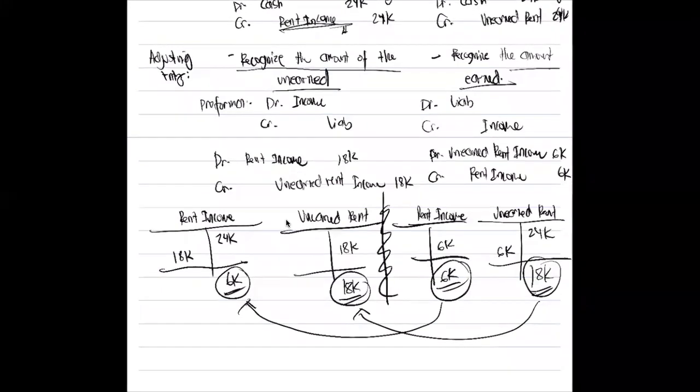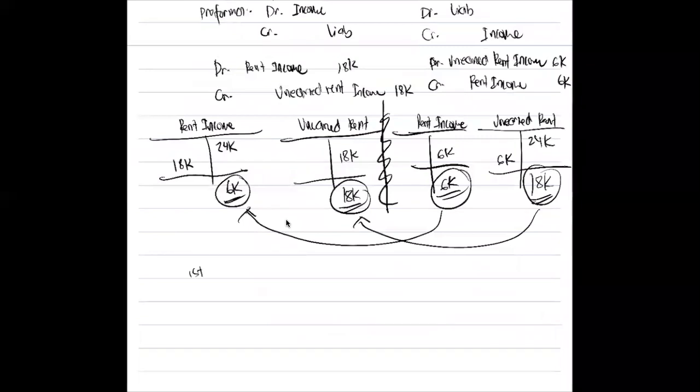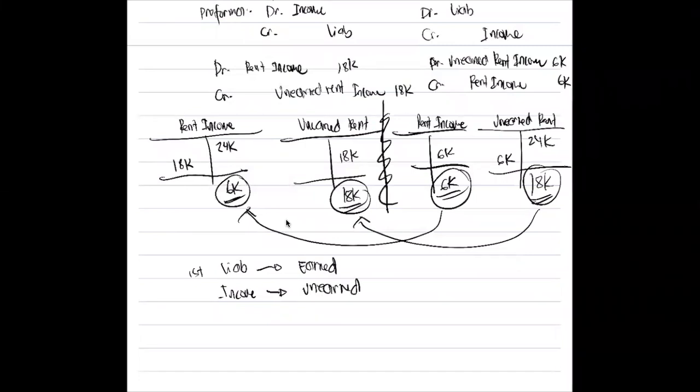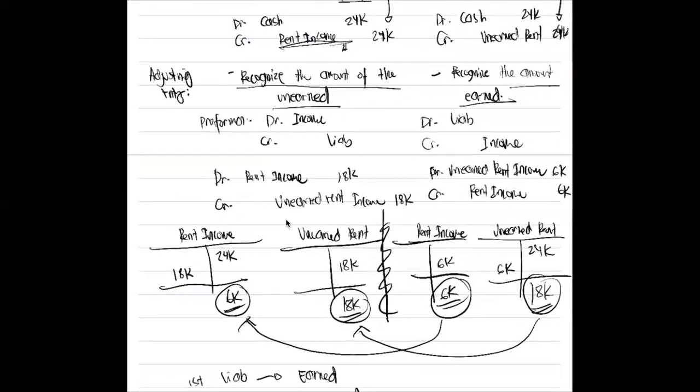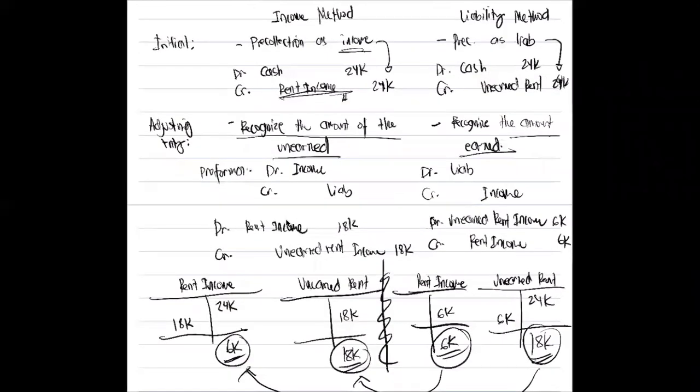So what are the steps again? If first you recognize it as a liability, subsequently, you need to recognize the amount earned. Okay? But if you initially recognize it as an income, subsequently, you need to recognize the amount unearned. Okay, balikan natin. So, income method, initially it is recorded as an income.